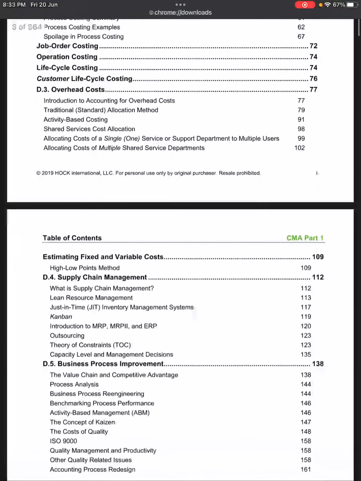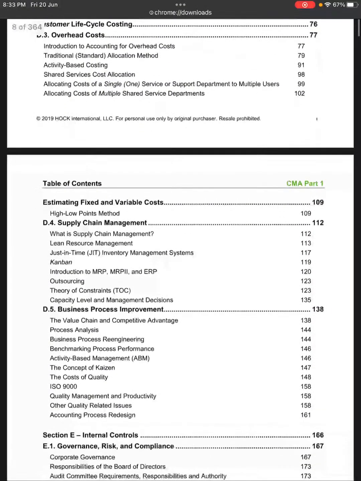These topics will be covered under Unit 3 of Section D, and Section D Unit 4 is supply chain management.